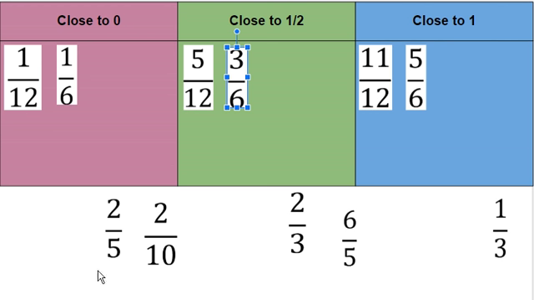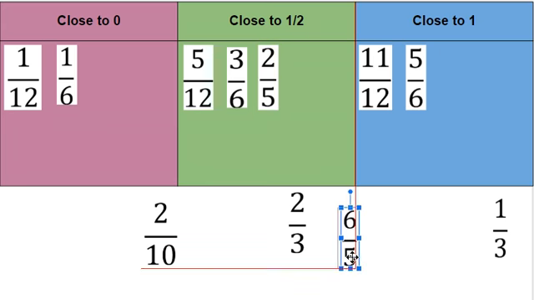Let's think about fifths next. We have 2/5. Well, thinking back to our pictures earlier, we know that half of 5 is 2 1/2. Well, this is 2/5, so that brings it very close to a half. Let's think about 6/5. Well, we know 5/5 is a whole. 6/5 makes us just a little bit more than a whole.